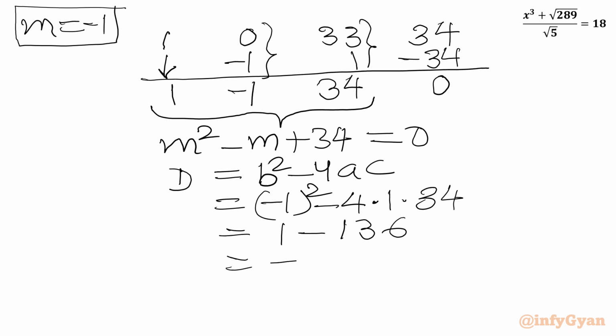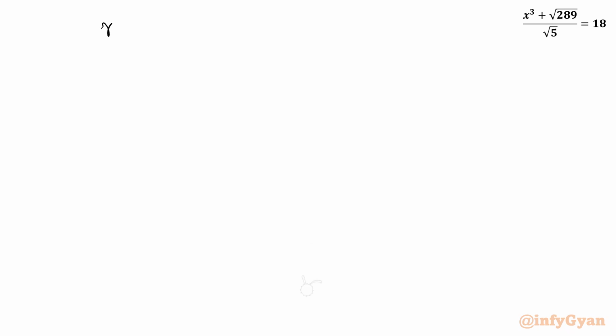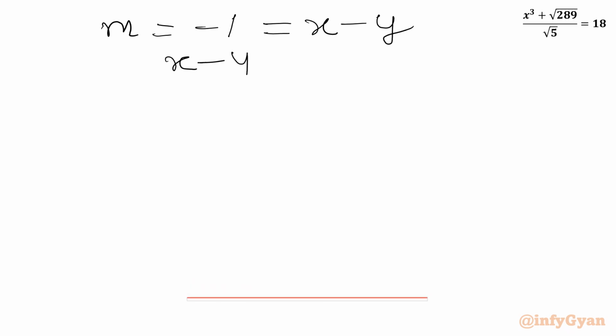Value will come out negative. Discriminant is negative. Again we are getting complex solutions. So this quadratic will be rejected. So the only real value of m would be negative 1. Let me write here m equal to negative 1. And m was our substitution x minus y. So I can write x minus y equal to negative 1.